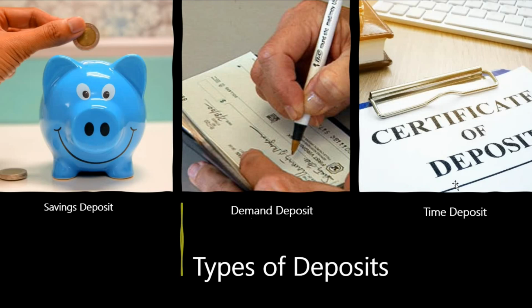Nandun yung amount ng deposit mo, kung magkano yung rate ng interest na ibibigay sa'yo ng bangko. You have to wait for the time specified in your certificate bago mo ma-withdraw itong time deposit mo.